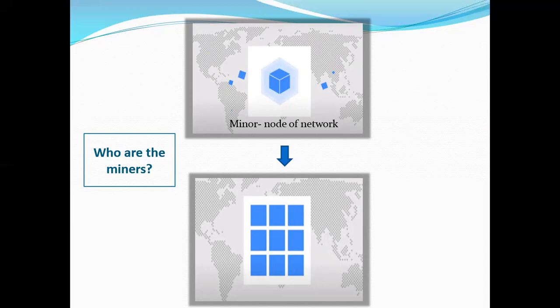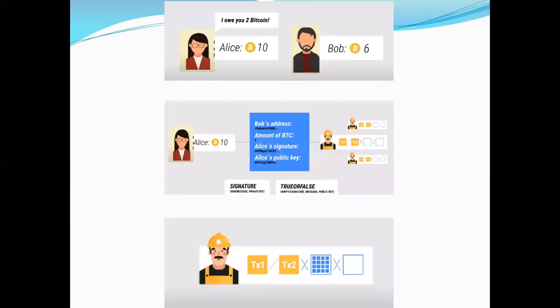Let's demonstrate how blockchain works with a simple example of transactions. Imagine that we have Alice and Bob along with their Bitcoin balance. Let's say Alice owes Bob 2 Bitcoins. For Alice to send Bob those 2 Bitcoins, Alice broadcasts a message with the transaction that she wants to make to all the miners in the network.